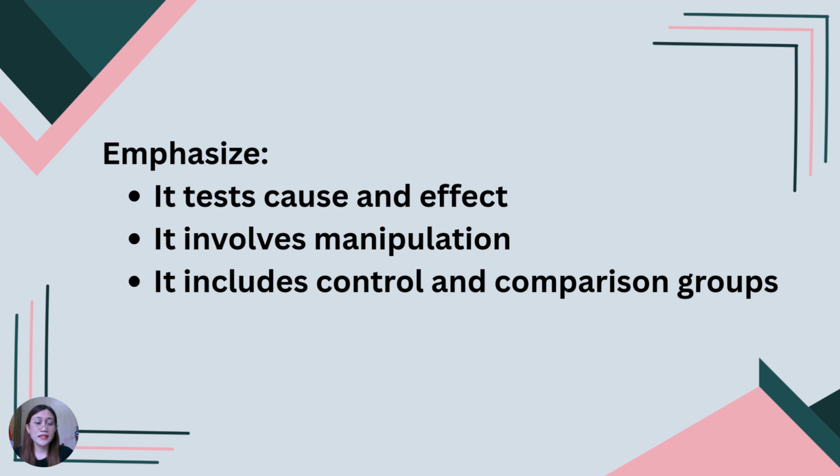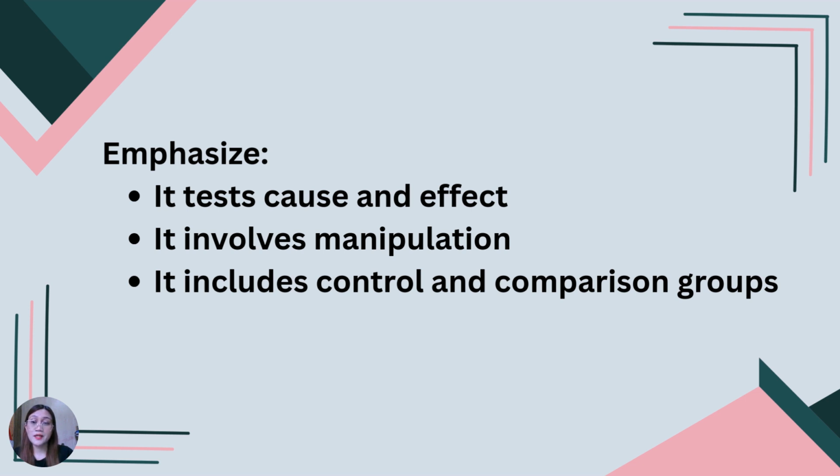The third one: it includes control and comparison groups. Another important feature of experimental research is the use of control and comparison groups. The experimental group receives the treatment, while the control group does not receive the treatment or receives the standard condition. The purpose of having these two groups is to compare results.